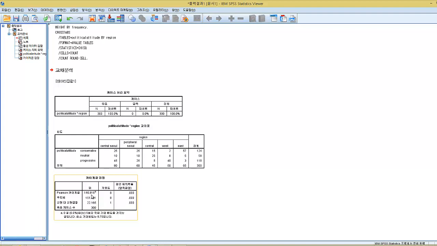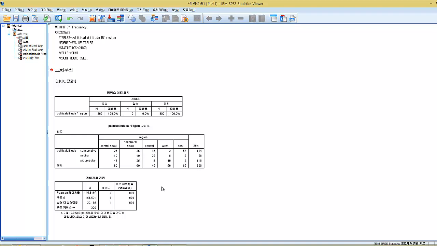So the p-value, which is calculated based on this chi-square score, is smaller than 0.005. Therefore, we can conclude that there is a dependency between region and political attitude, which indicates that depending on the regional division, there exists different political attitude.